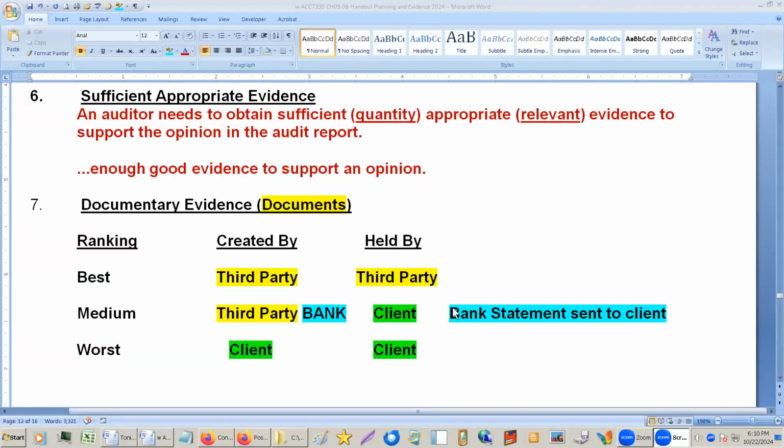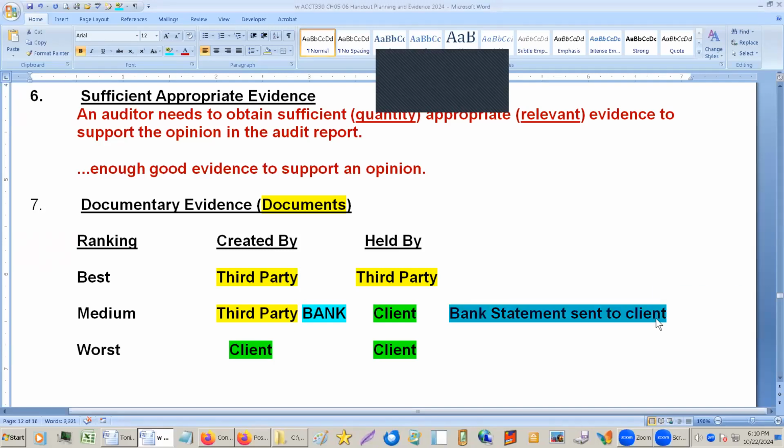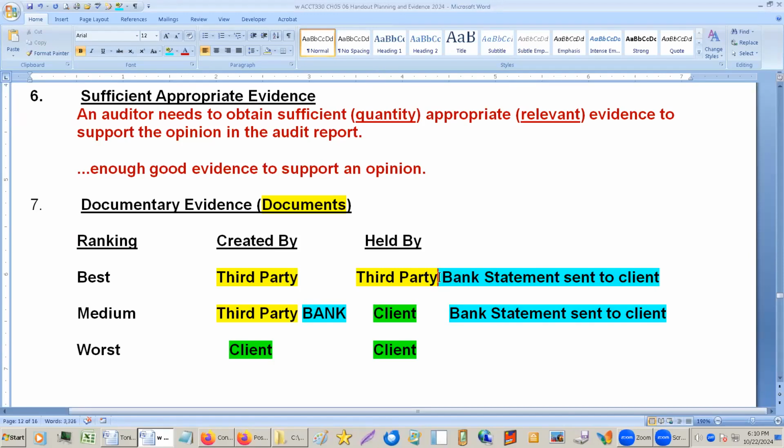The idea, of course, is that if the client has the bank statement, they could have tampered with it. But if we have the bank send it directly to us, the client doesn't get the chance to do that, so it's better evidence. So one of the things we try to do is have the bank statement sent to the auditors.